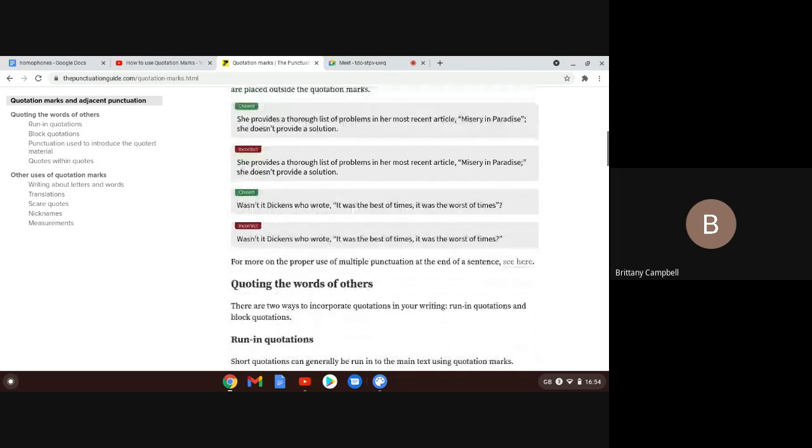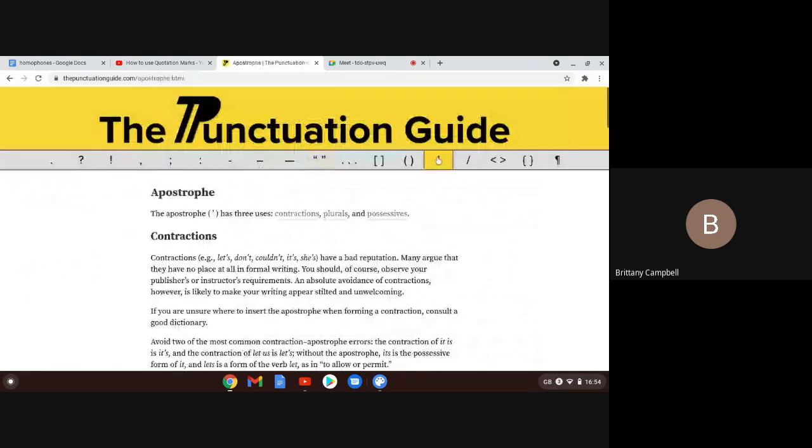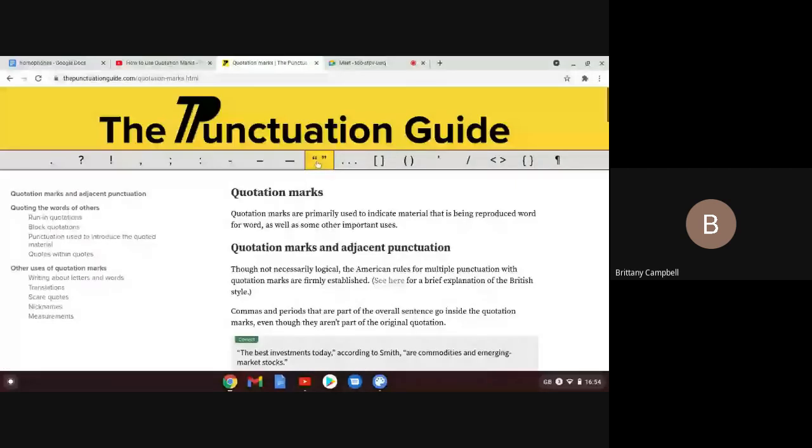All right, so let us jump to the apostrophe. And take note of the sign, the symbol. Ensure that you take note of the symbol. All right? So the quotation marks, see? The curly, yes, and the apostrophe there.